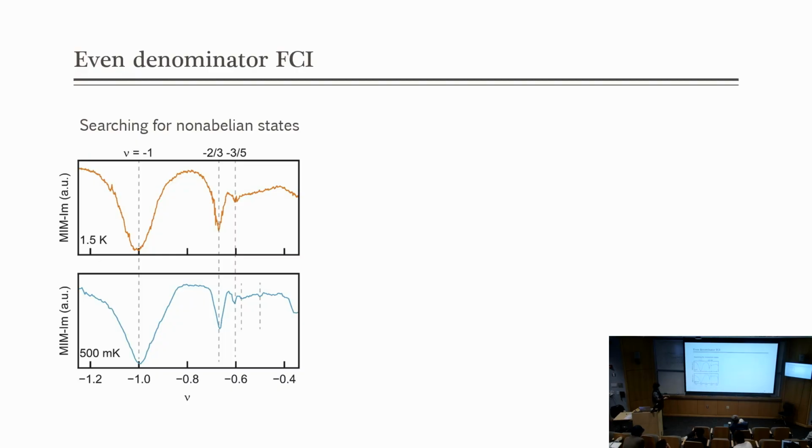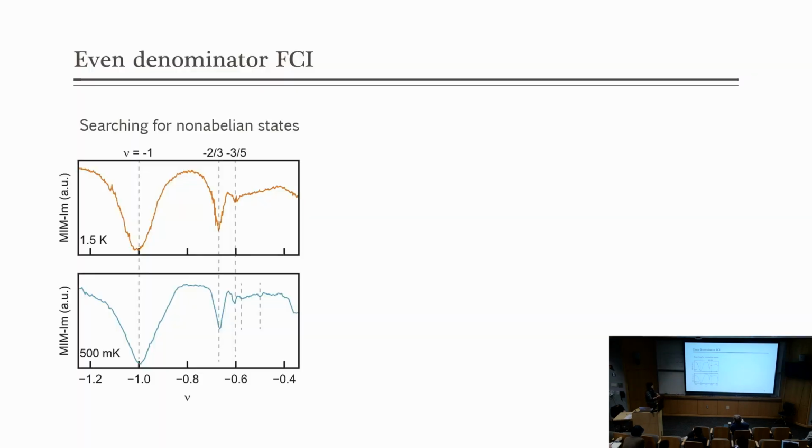We're trying to cool it down even further into a dilution fridge, not yet. And then we saw that at specific spots of that sample, as we scan through the whole sample, at nu equals -1/2, there is a small dip. And this happens at maybe 3 out of 20 spots in that sample.